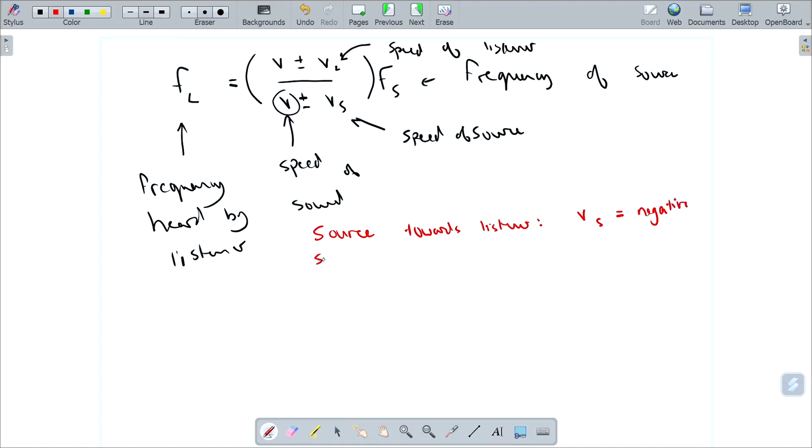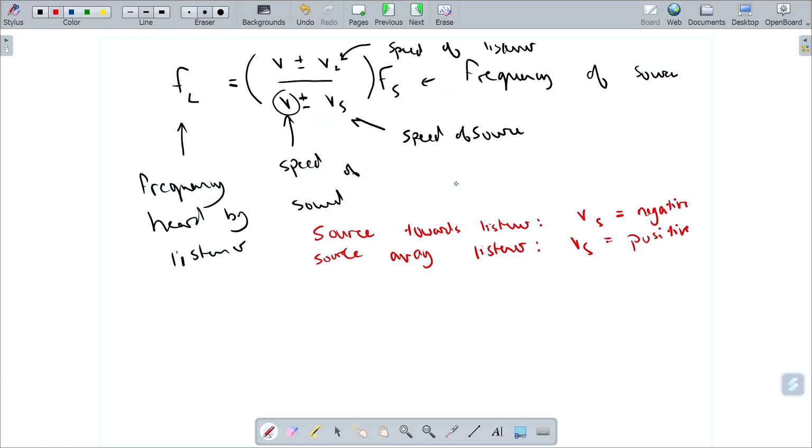If the source moves away from the listener, the velocity is going to be positive. So depending on what the relative motion is, we have to substitute the correct sign for the velocity into the equation given here.